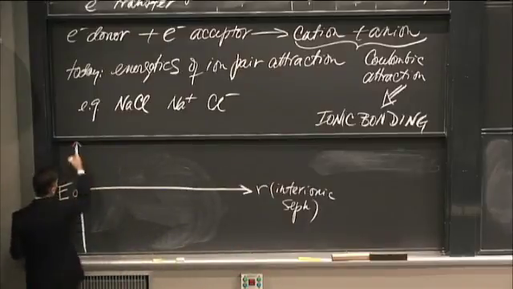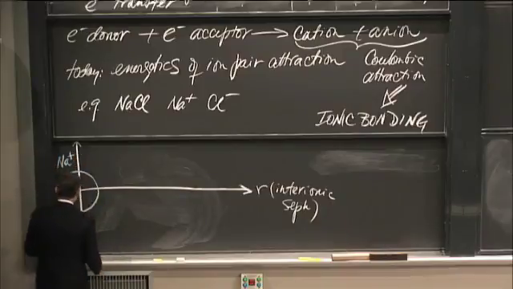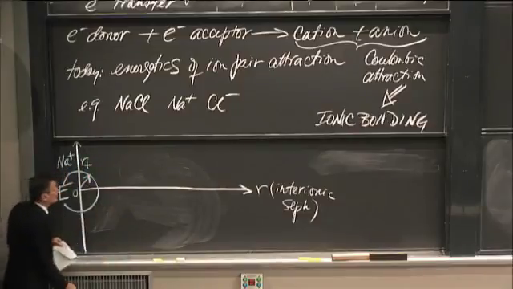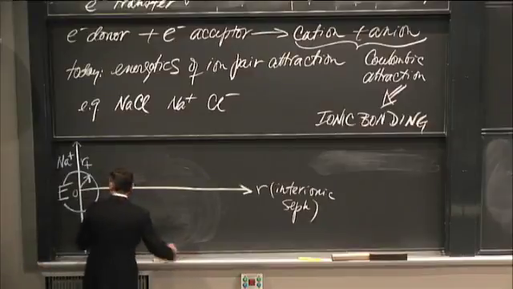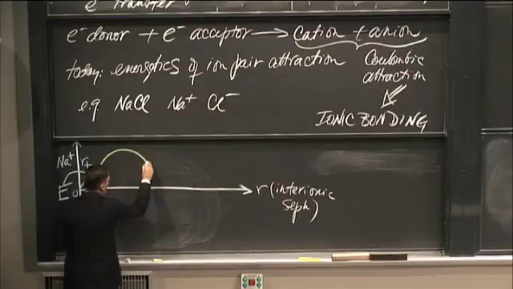This is the origin. Energy is on the ordinate. So I'm going to model this as a hard sphere. This is sodium ion, Na+. And it's got some finite radius. And its radius, I'm going to call it R plus. That's the radius of the cation. And next to sodium, I'm going to put the chloride anion. And it's bigger.